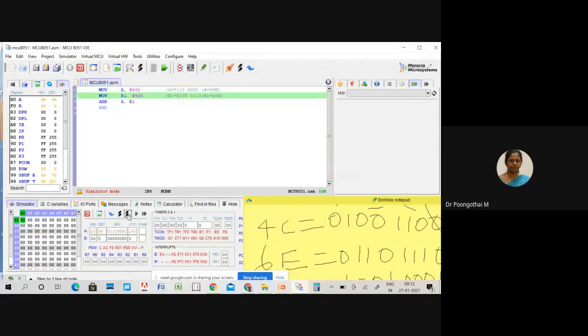So 60 is loaded into A and 46 is loaded into R1. Here you can see your general purpose register content, R1, okay. And also look at this window. So this window reflects the internal RAM memory. So your R1 is located in your internal RAM.